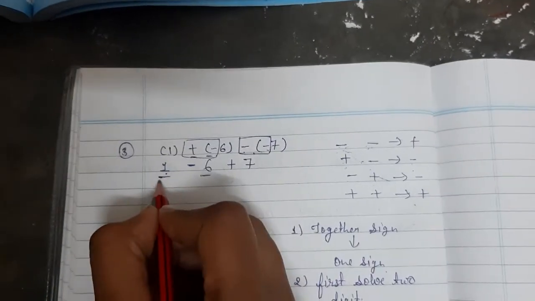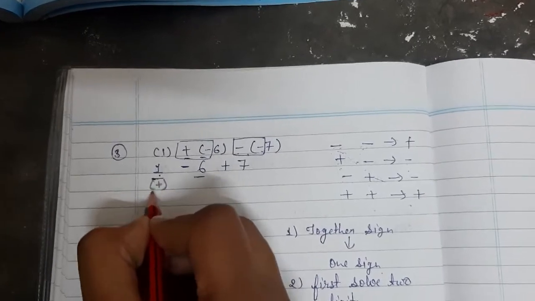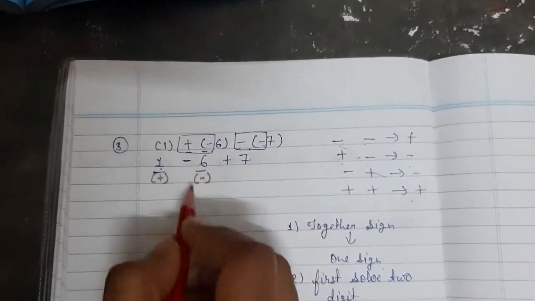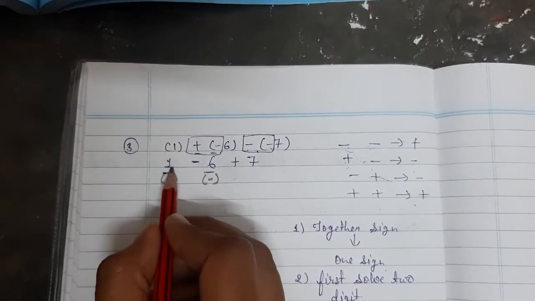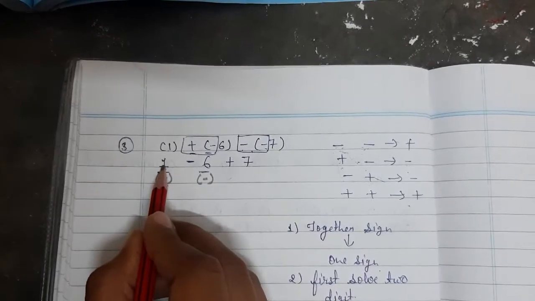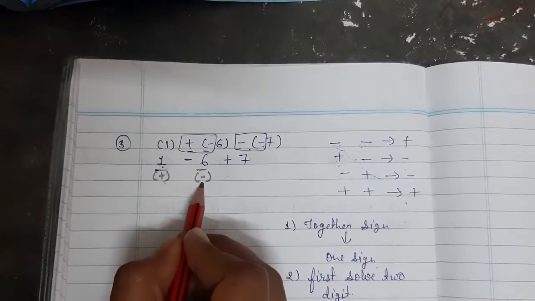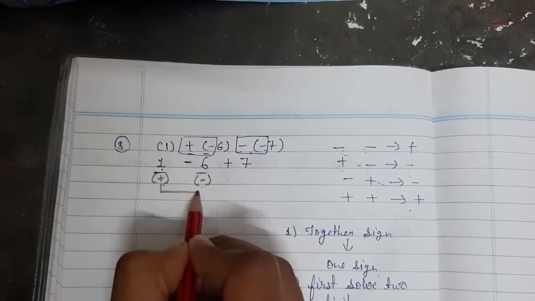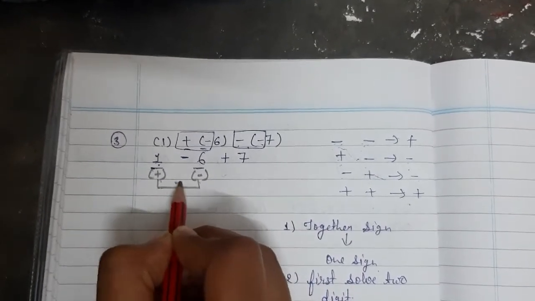Look, this is your plus 1 and this 6 is your minus. So you have to write down their integer signs. Here the integer sign of 1 is plus and the integer sign of 6 is minus. So plus minus, what operation are you taking? Plus minus means minus.